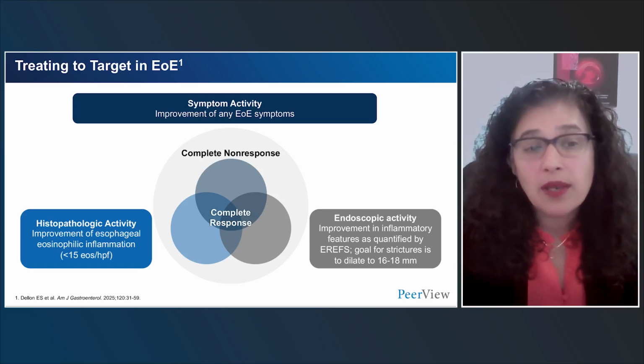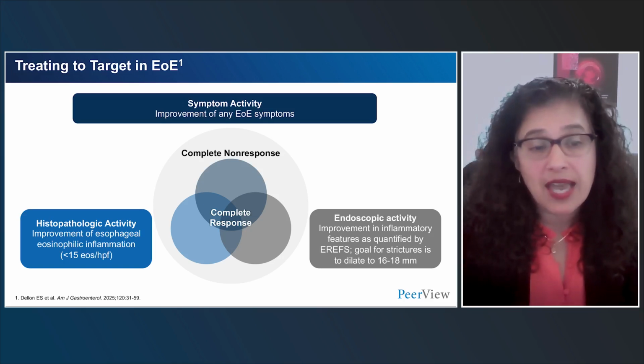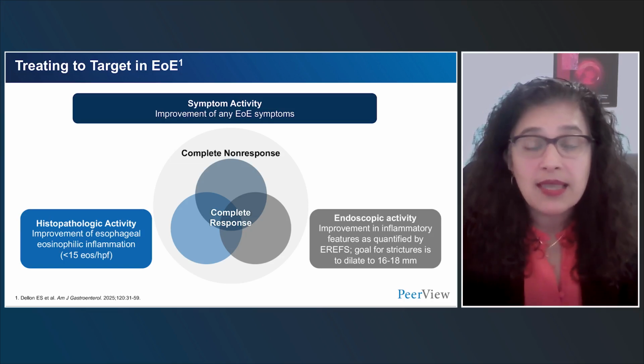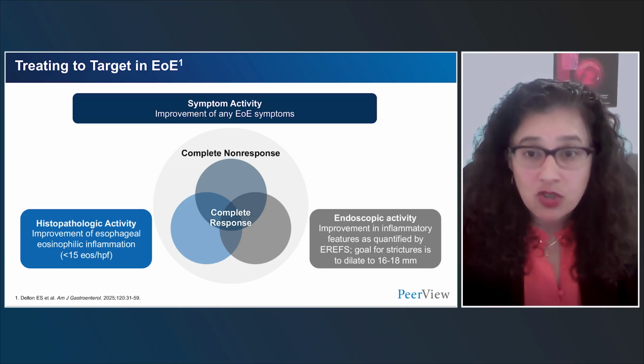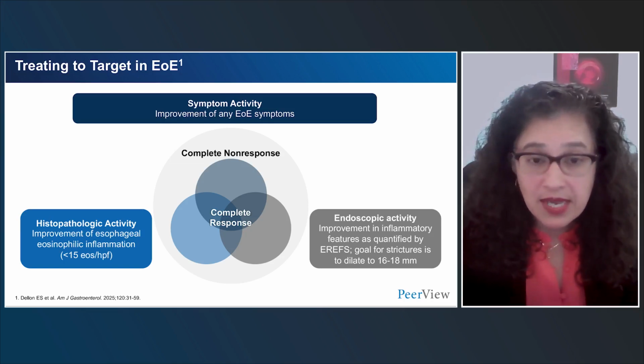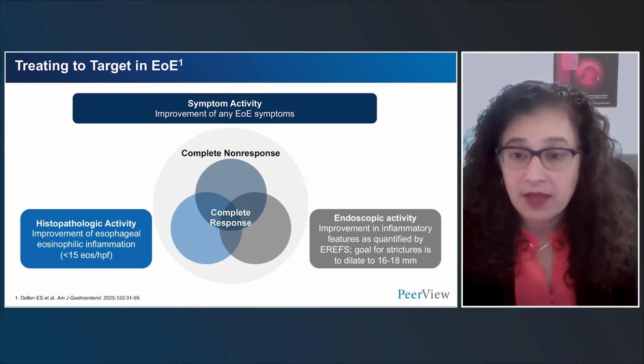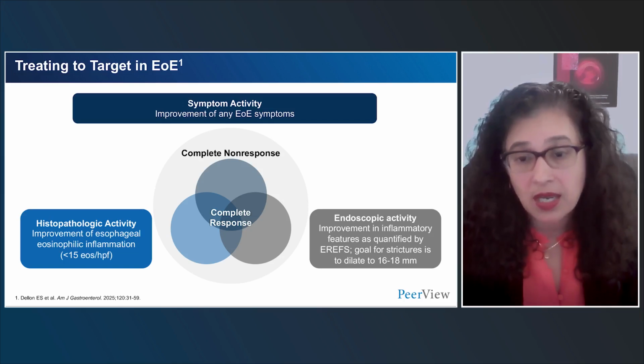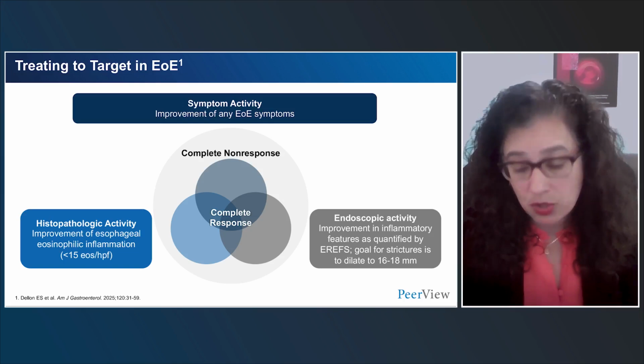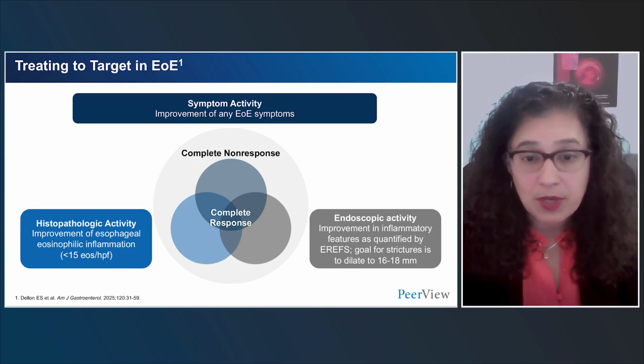We certainly want improvement in histopathologic activity, improvement in that esophageal eosinophilic inflammation, driving those eosinophils down to under 15. And we want improvement in endoscopic activity, the inflammatory features seen on EREFS, and the fibrotic features, improving those strictures to at least 16 to 18 millimeters.